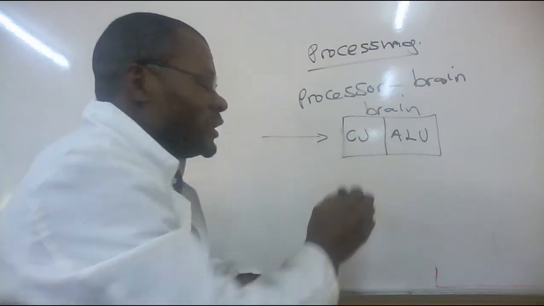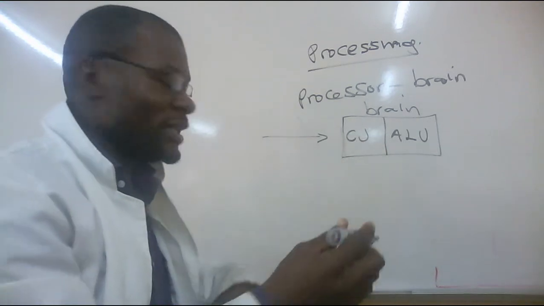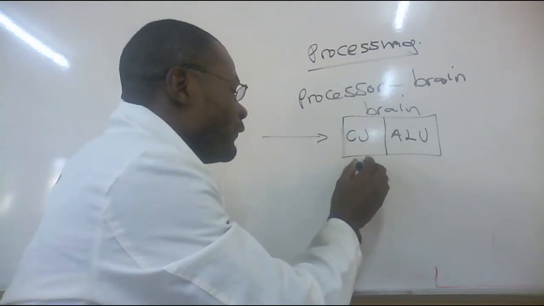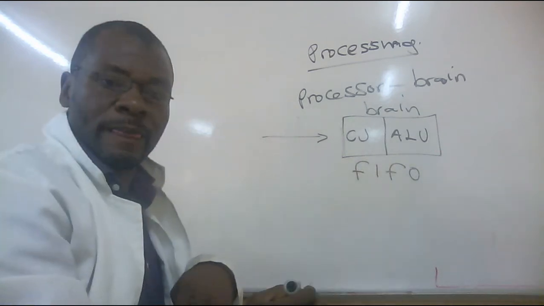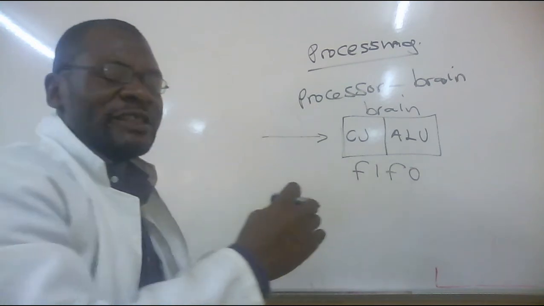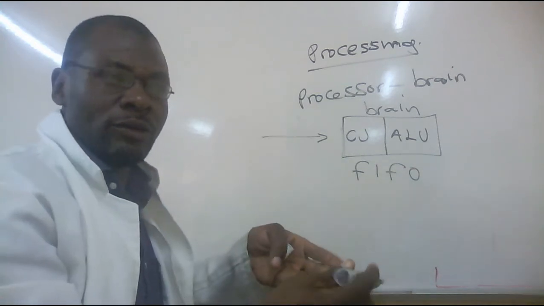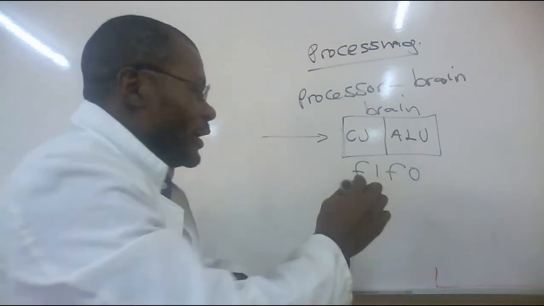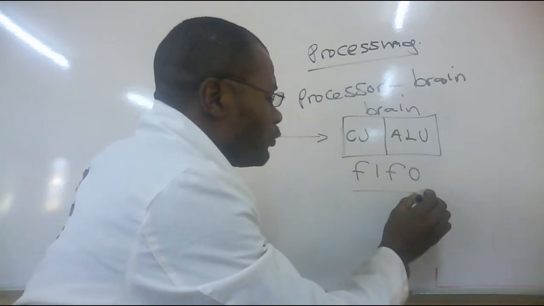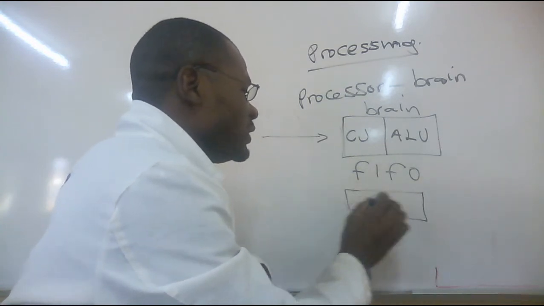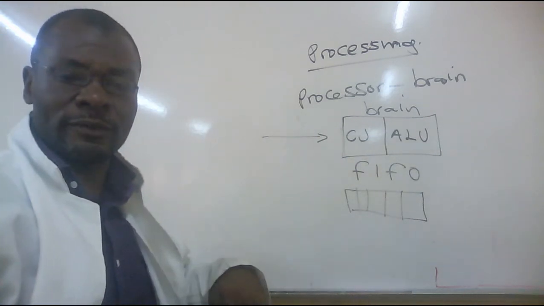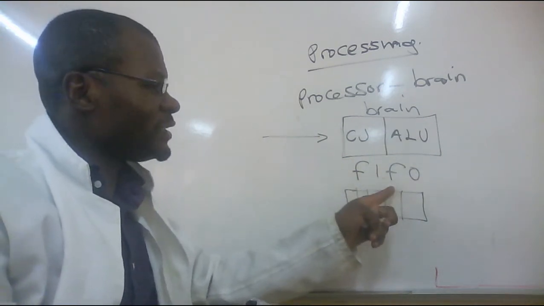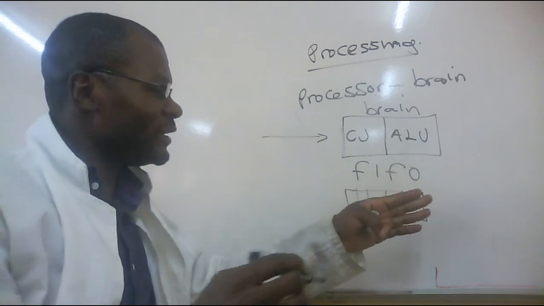And the control unit receives and stores data in the form of first in, first out. And if it receives a lot of data going to the computer system, some parts of data are going to be stored in storage spaces we call the registers. So the first in, first out principle works in this sense.